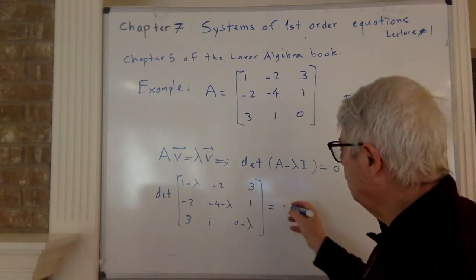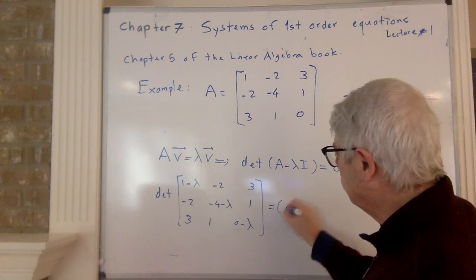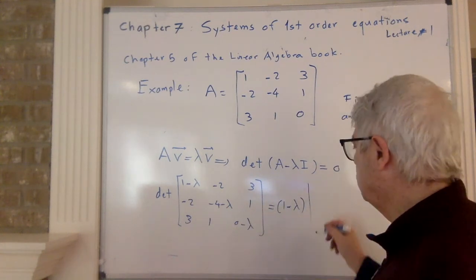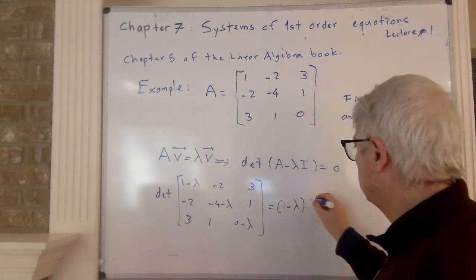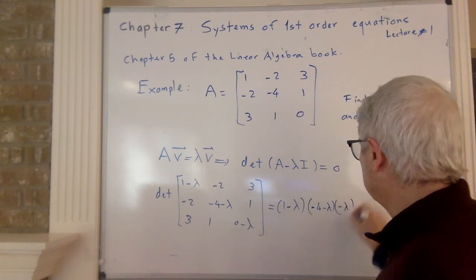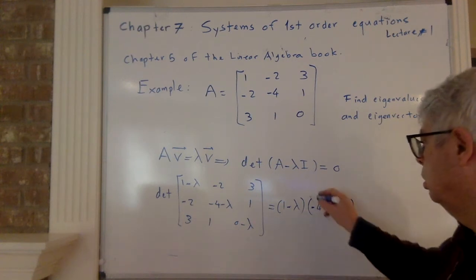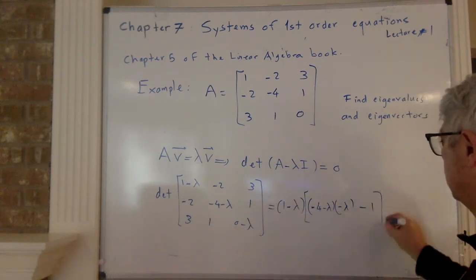But I don't expect to solve it. So let's see what happens. 1 minus lambda times the determinant of this, which is minus 4 minus lambda times minus lambda minus 1, right?